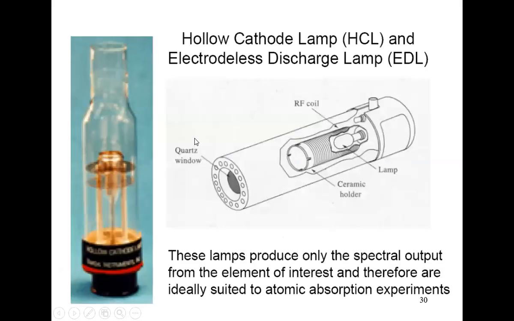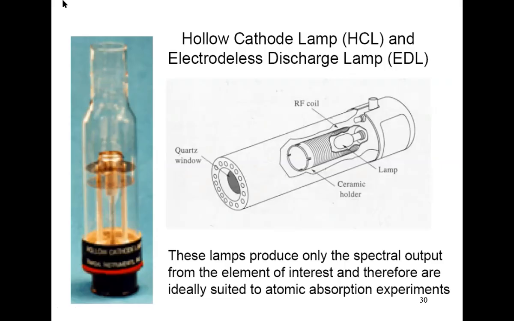Okay, so here is the hollow cathode lamp and what we call the electrode-less discharge lamp. Remember, we use the hollow cathode lamp. That's one way. We have the electrode-less discharge lamp that we also use. The electrode-less discharge lamp basically works on the same principle as the hollow cathode lamp.